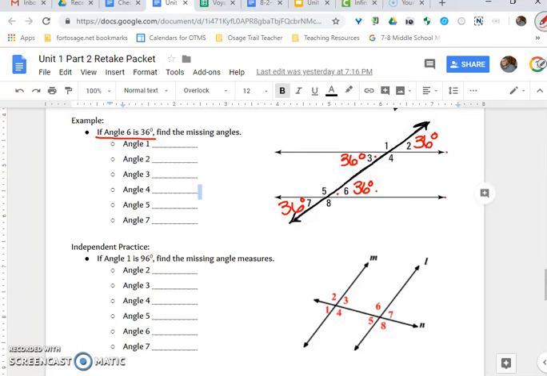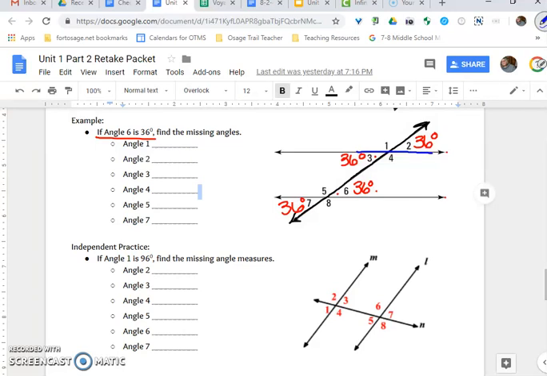Now, we need to find all these other ones. Well, let's go up here to this line. So I know that this is a straight line. And up above, we said a straight line could make supplementary angles, and they add up to 180.